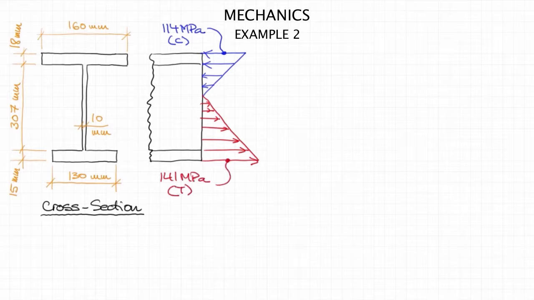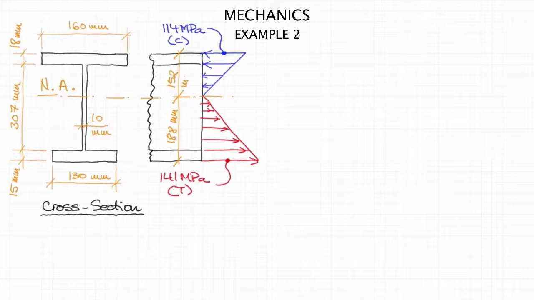And in red you can see the tension stress block at the bottom of the section with a maximum stress intensity of 141 megapascals. The neutral axis, where the stresses are zero, is located 188 millimeters from the bottom of the section and 152 millimeters from the top of the section.